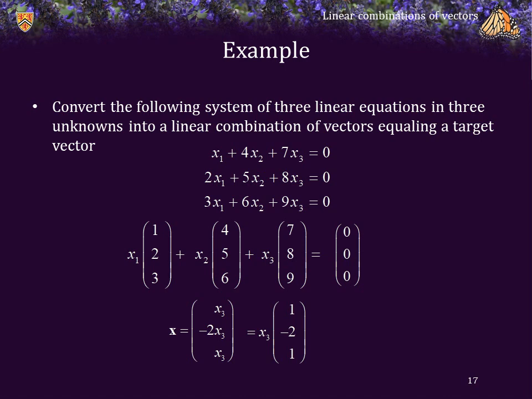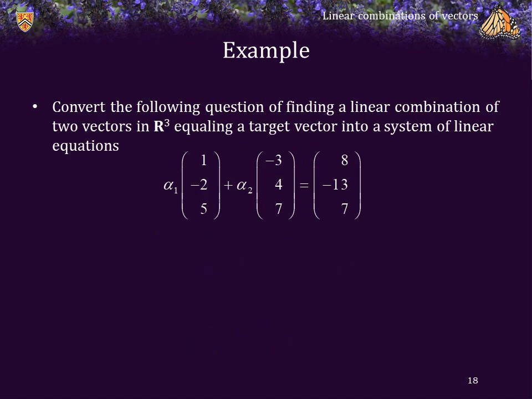Now, if you think back, this is simply all linear combinations, or all scalar multiples, since there's only one vector, of the vector 1, negative 2, 1. Now that is actually a subspace of R3. We'll look more into that later.